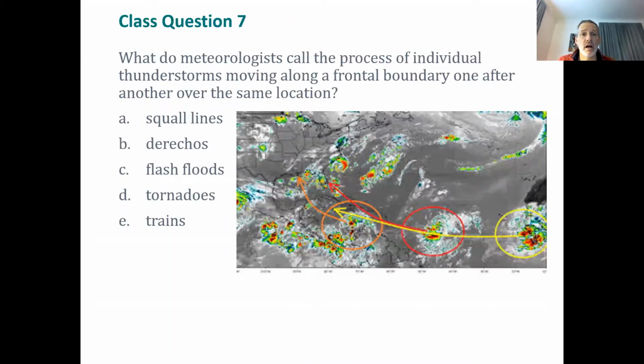We call these trains, where we have a mid-latitude cyclone passing over a mid-latitude cyclone over a mid-latitude cyclone. We can also have these in the southern jet stream, where we end up with the same conditions, creating those eddy currents following that same path. And so we have three different, in this case, areas that are potential for hurricanes, all in the same path. And these are called trains.